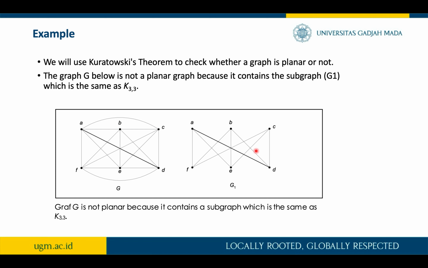Since G contains a subgraph which is the same as K33, then G is not planar. No matter how you draw it, it's not possible to have a planar graph here, in which the edges do not intersect.